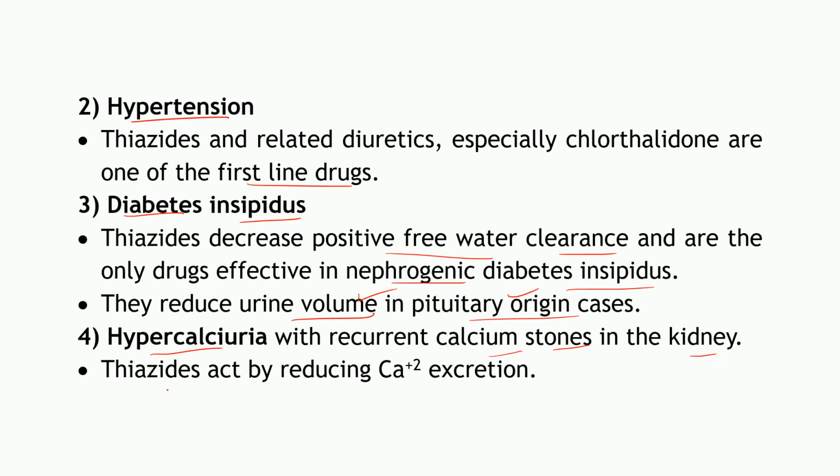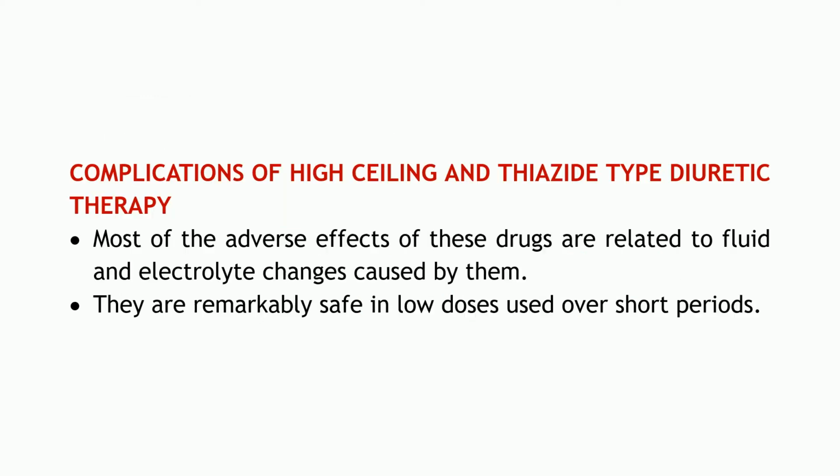Now how will thiazides help in this particular situation? We have seen under the actions that calcium excretion is reduced by thiazides, right? So that is the reason why calcium levels in the urine will be reduced and the formation of calcium stones may be suppressed.